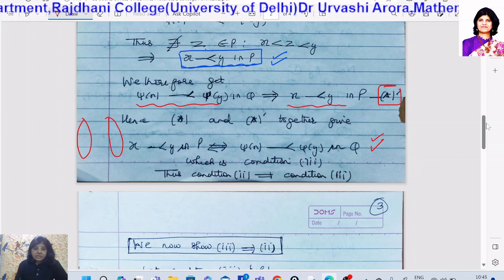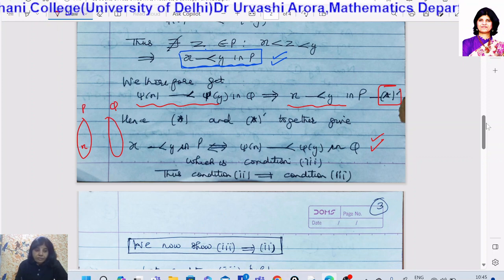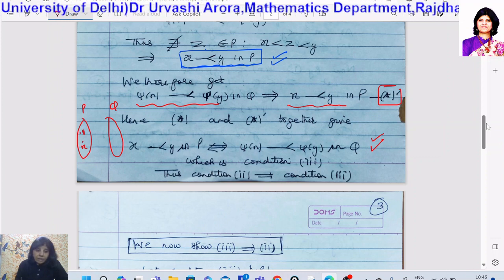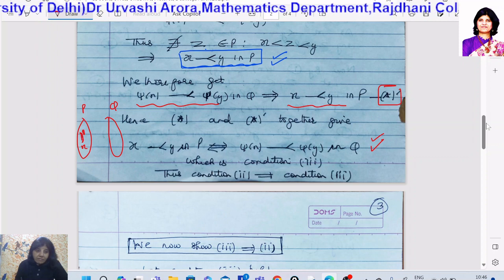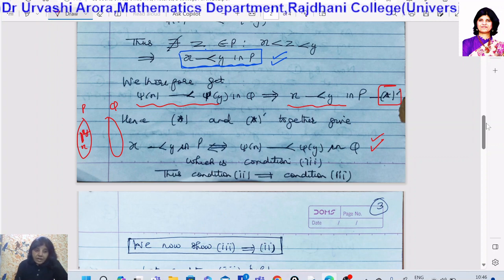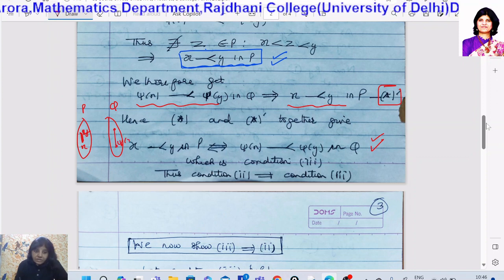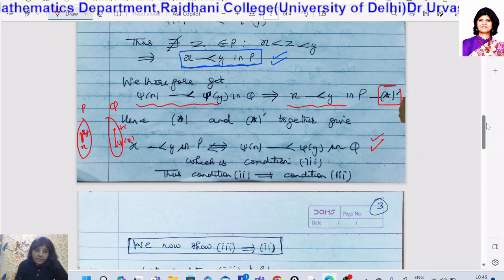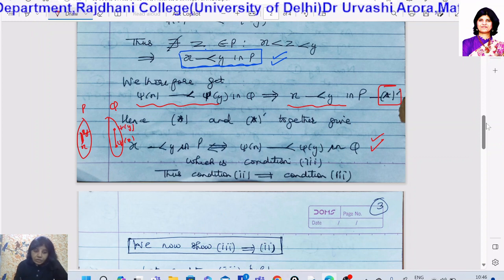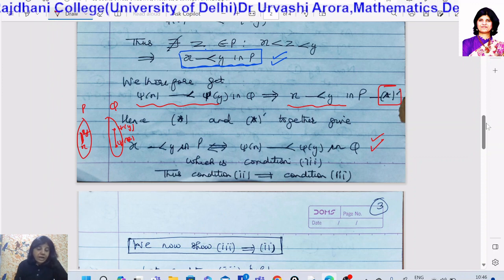Here is how the picture looks. P and Q are over here. If x is covered by y, then in the Hasse diagram x will be down and y will be up. In the image set, psi x will also be covered by psi y, so psi x will be at the bottom and psi y will be at the top of it.